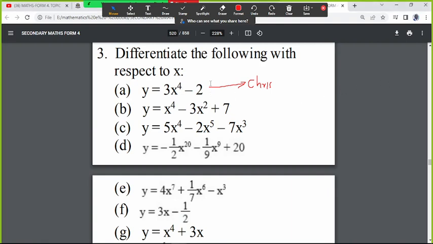So we want to differentiate this one. Let me allocate the questions. Christine will do the first one. Lois will do the second. Lydia will do the third.